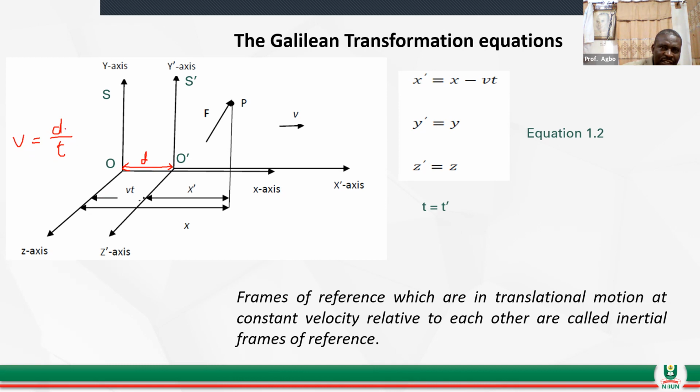If you take d as the subject of the formula, d is equal to vt. That's where you now have that vt. This vt here. This vt you have here. Now, that means that this O prime has been displaced by a distance d.